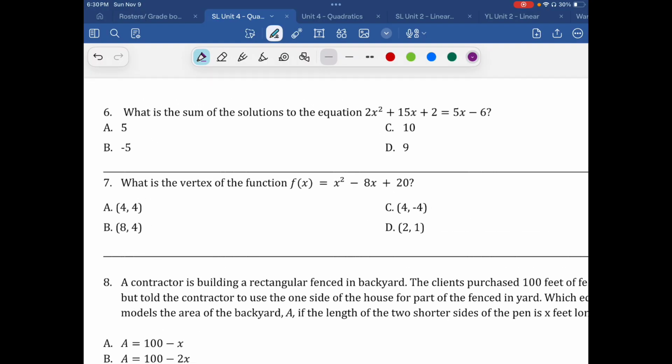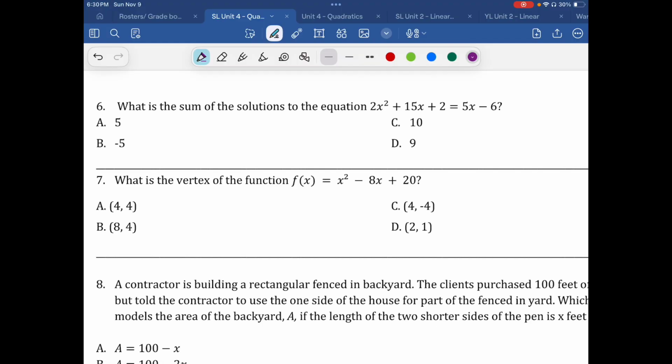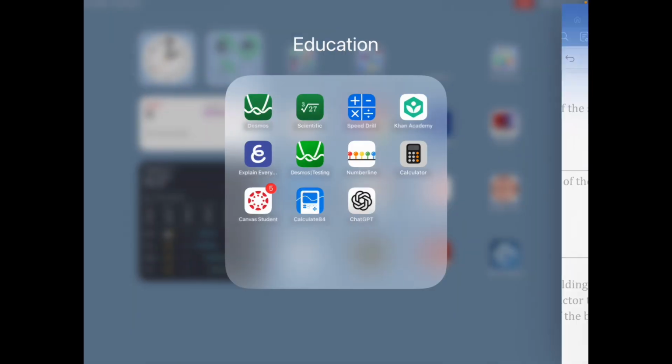Question 6 says, what is the sum of the solutions to the equation 2x squared plus 15x plus 2 equals 5x minus 6? A lot of y'all are going to see this and want to just put it straight in Desmos. Well, let me show you.